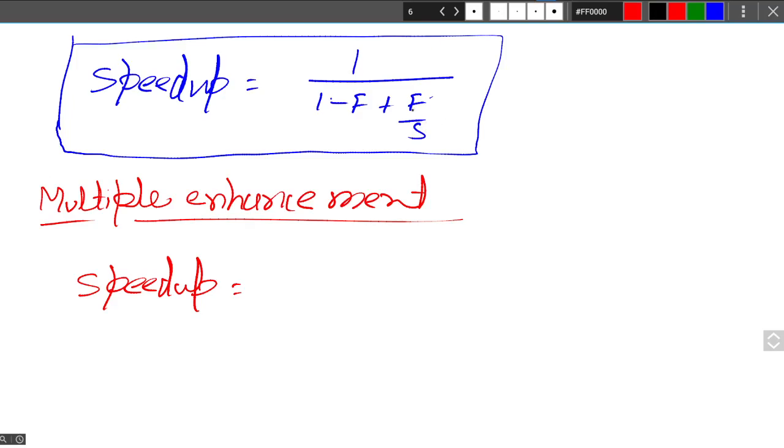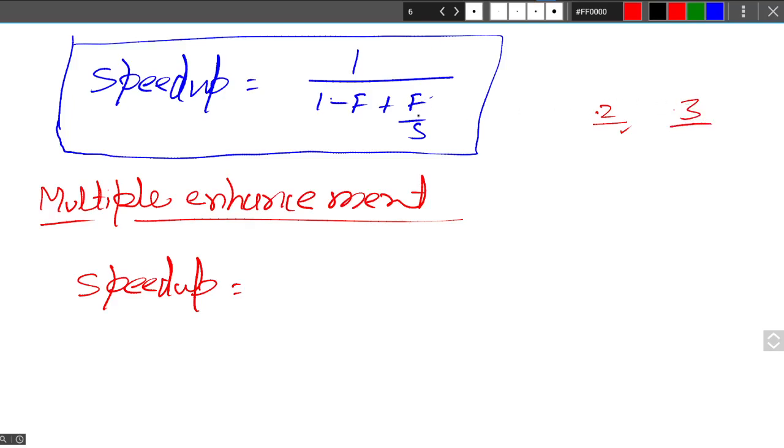Suppose one portion is 0.2, meaning 20% being used, and another 30% being used. So these are two portions being enhanced.